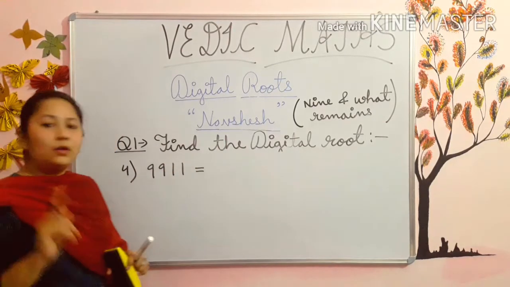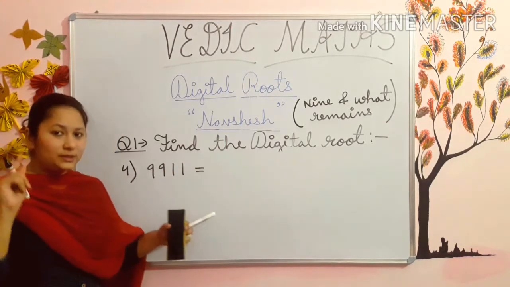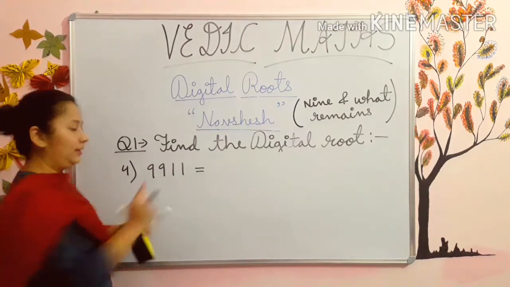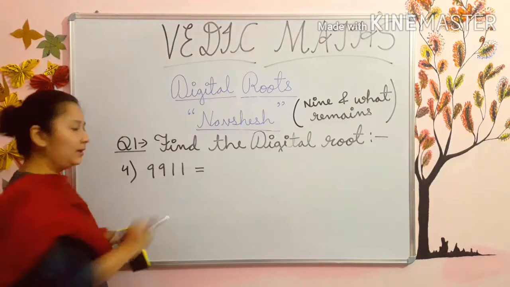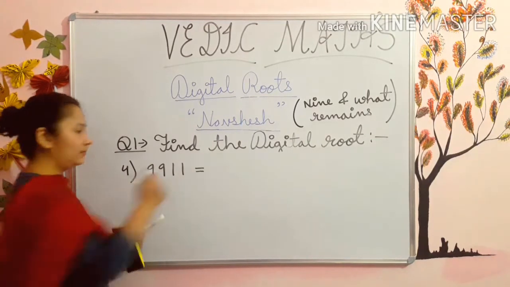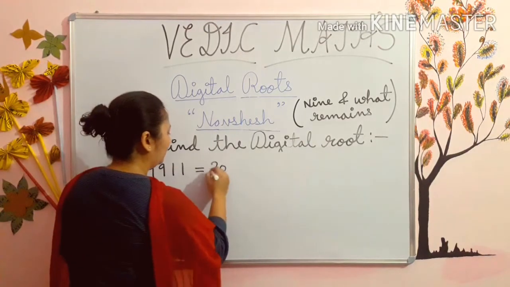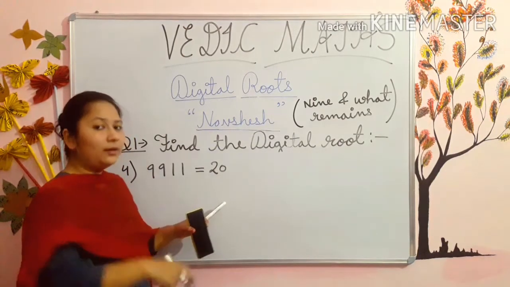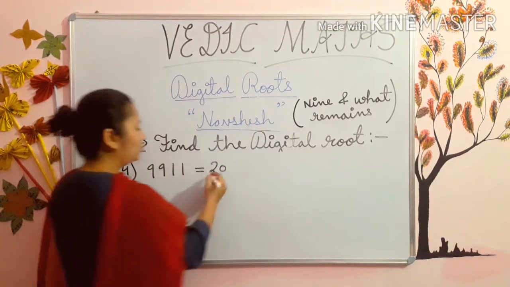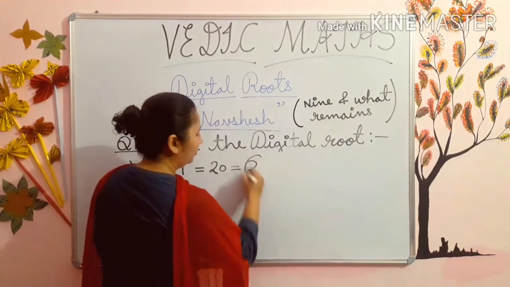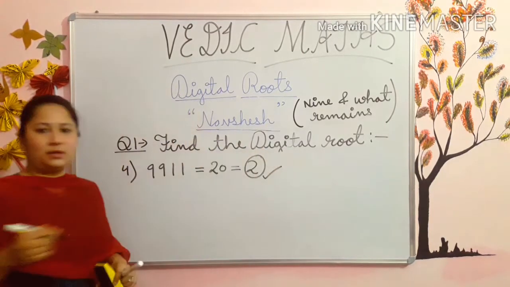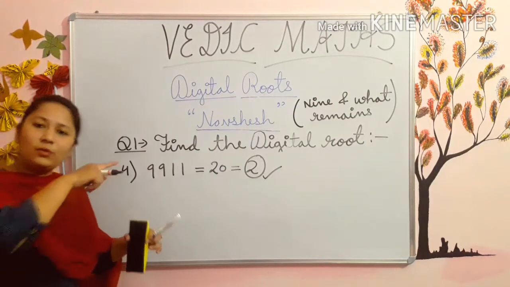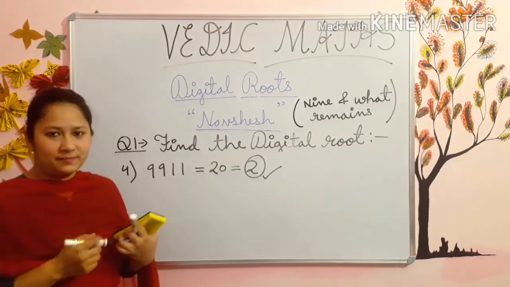See, now what you have to do, you have to add the digits in your mind. 9 plus 9, 18, 18 plus 1, 19, 19 plus 1, 20. Now you know this is not your digital root, it is a 2-digit number. Make it a 1-digit number. So 2 plus 0 is 2 and this is your digital root. So you can do it orally also. No need to write the whole addition process.